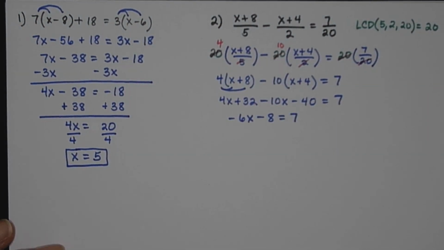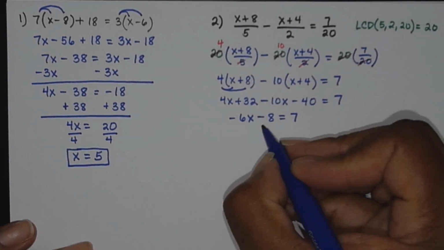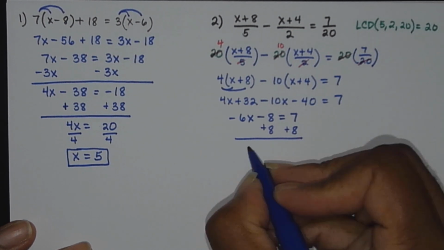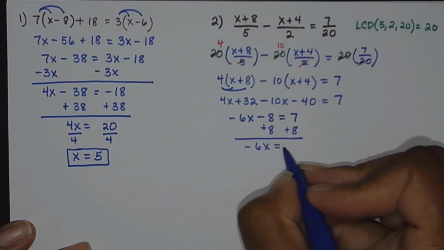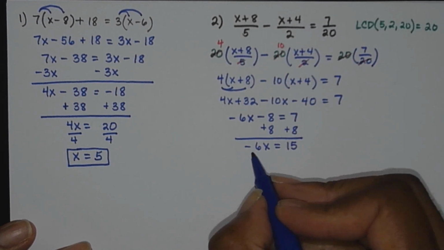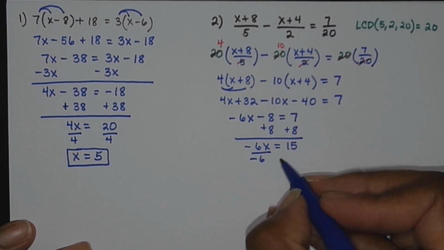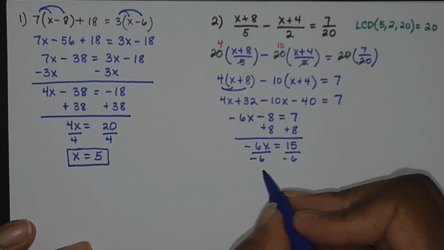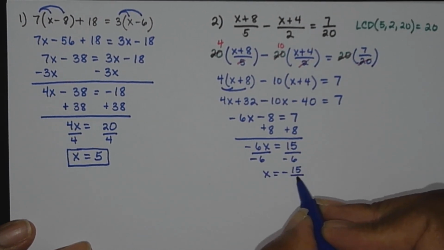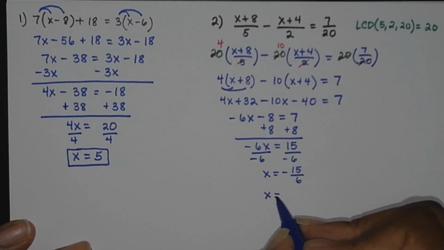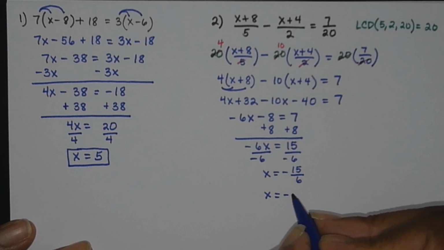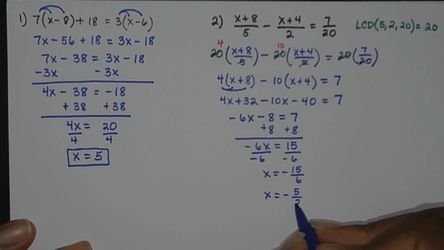Now to get negative 6x by itself, I need to add 8. So that means negative 6x is equal to 15. Now if I divide both sides by negative 6, this will be negative 15 over 6, but negative 15 over 6 can be reduced to negative 5 halves.